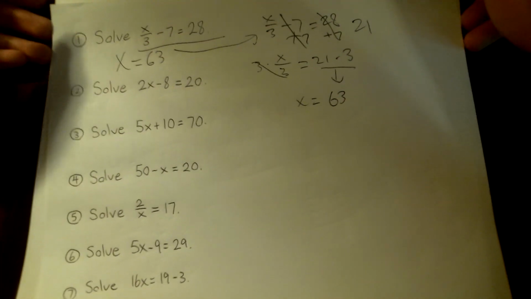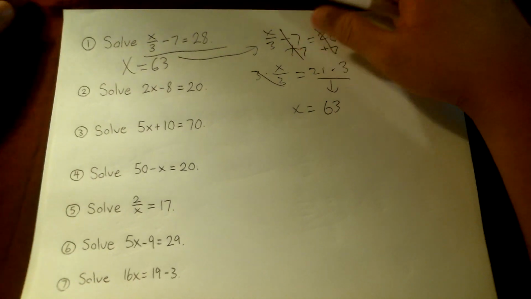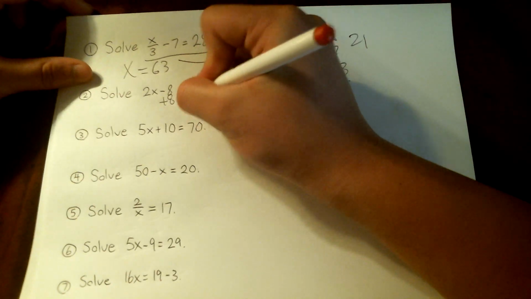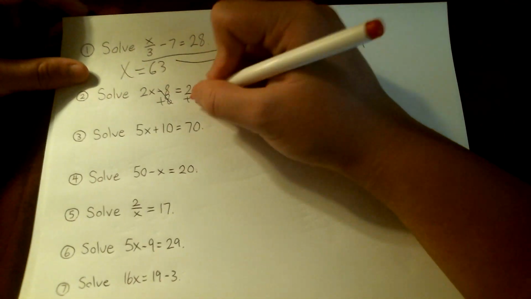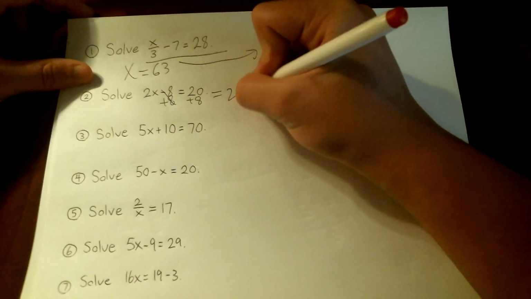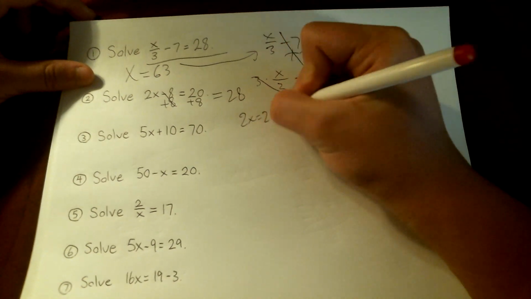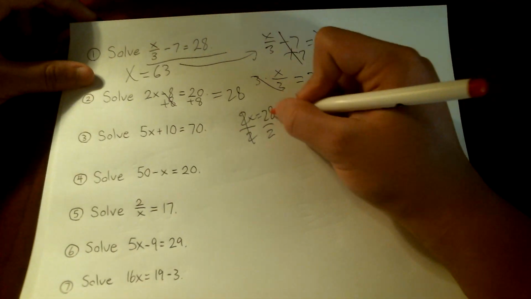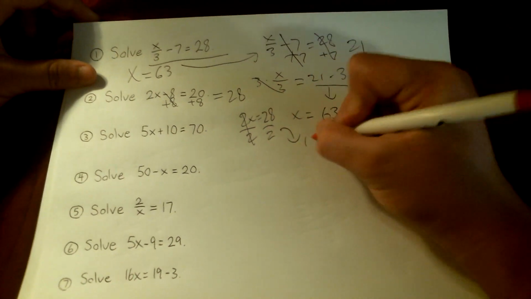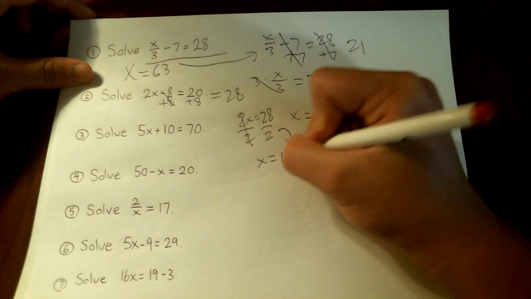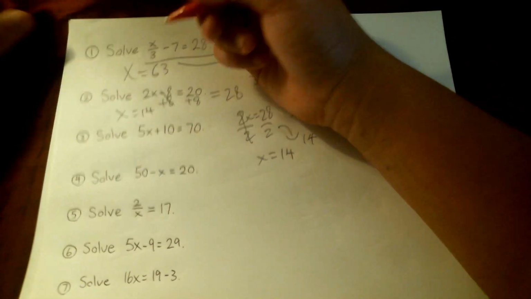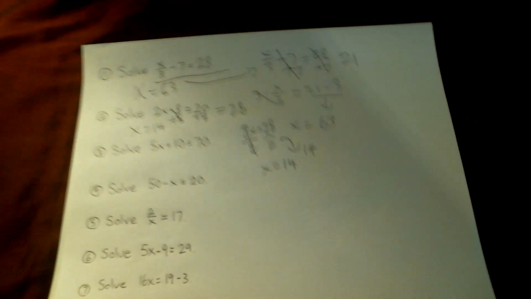Let's solve the next one. This one asks to solve 2x minus 8 equals 20. So we would have to plus 8 to both sides here. This would cross out. This would be 28. 2x equals 28. Then we would divide both sides by 2. This here would equal 14. This is x equals 14. Alright, let's move on to the third one.